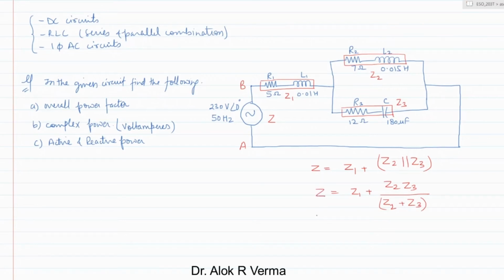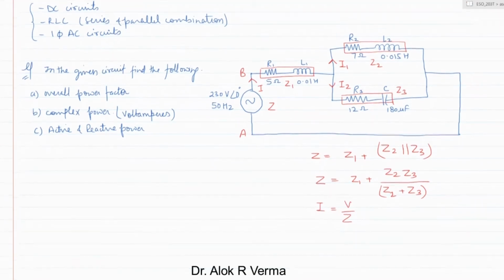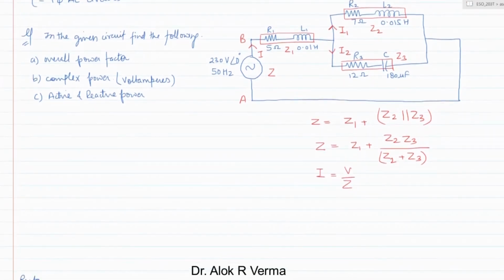And the total current I will be nothing but V by Z. So I is the current supplied by the source, and suppose the current here in this branch is I1 and here in this branch is I2. Now with these assumptions, we will look into the circuit part.